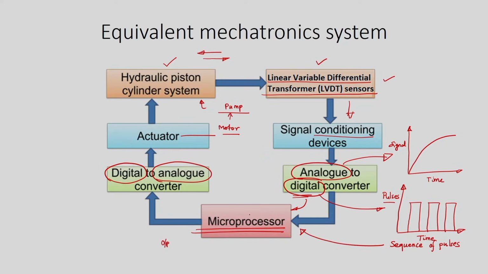The microprocessor again processes the information and gives the signal to the hydraulic piston cylinder arrangement. In this way it is easy for us to mimic Hooke's law, that is F is equal to K into X.